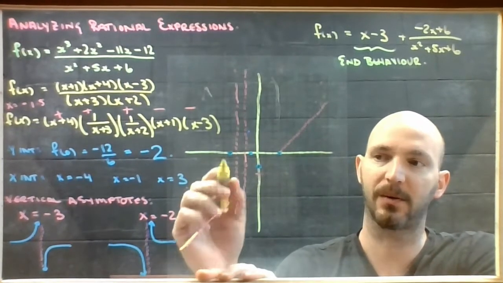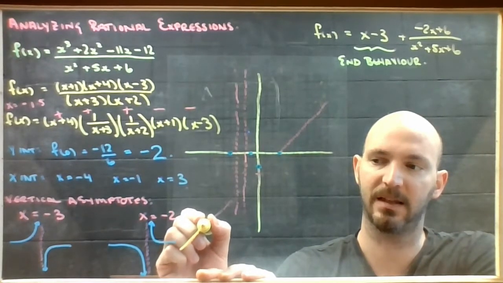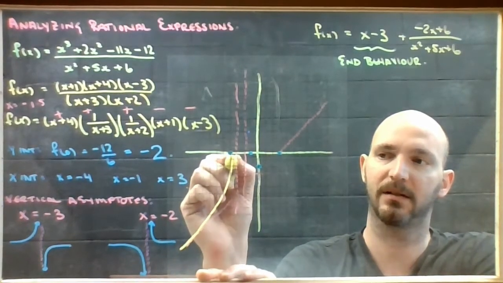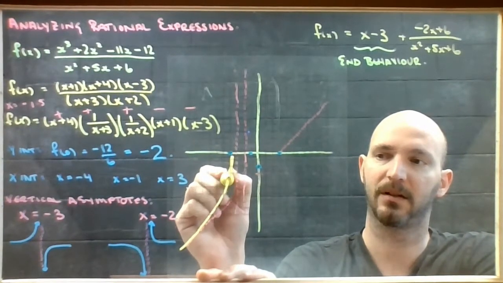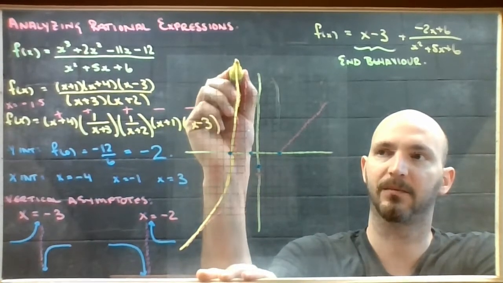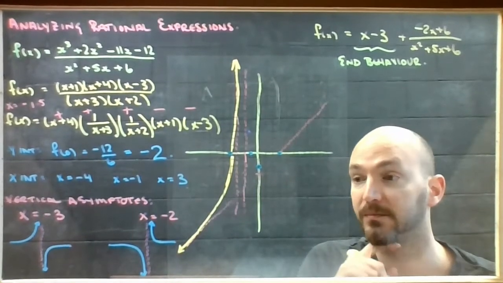And the first feature I'm going to cross is this x-intercept. So I'm going to eventually leave my x minus 3 line to cross through here. Kind of missed. Once I'm through, I go up and follow the asymptote. So that's my first segment.